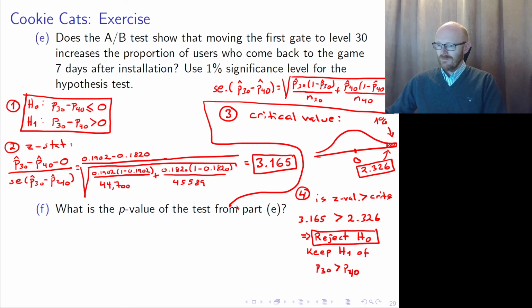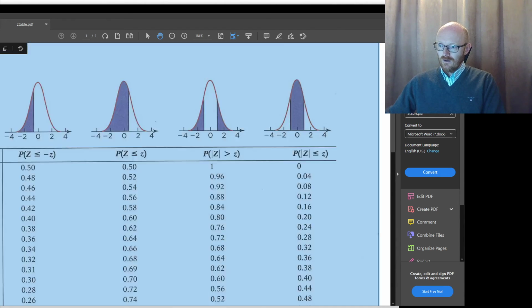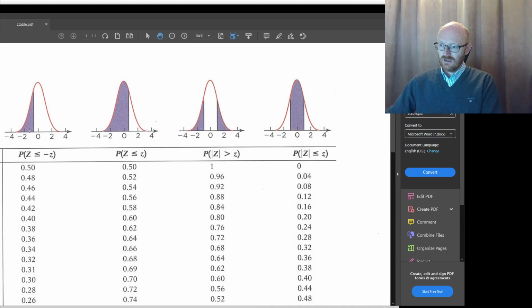Which means that we have to take the Z statistic that we got and compare it with what kind of area under the curve we get if we go 3.165 standard errors away from the mean, away from 0.